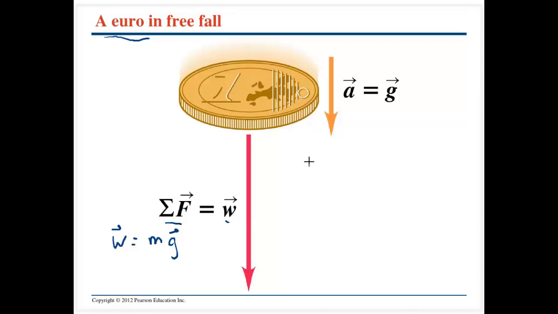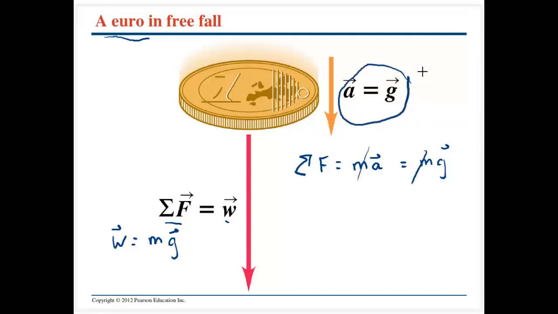So we can say that the sum of forces on this is equal to its mass times the acceleration, which is equal to mass times gravity. The masses go away, and at the end of the day we see that the euro is going to fall at 9.81 meters per second squared.